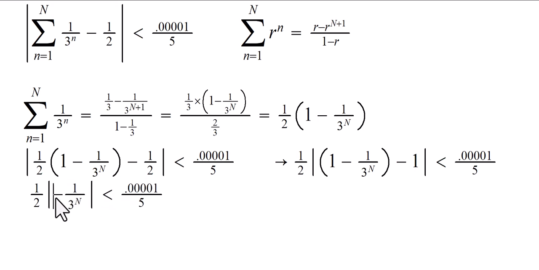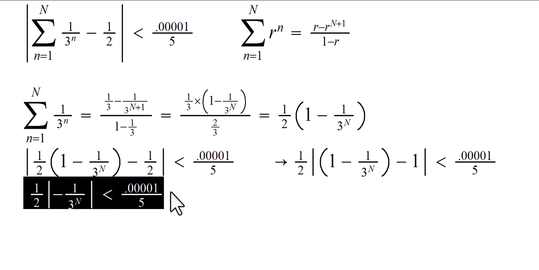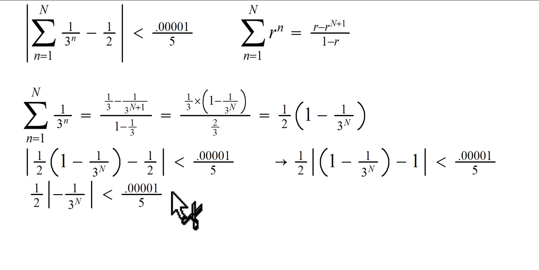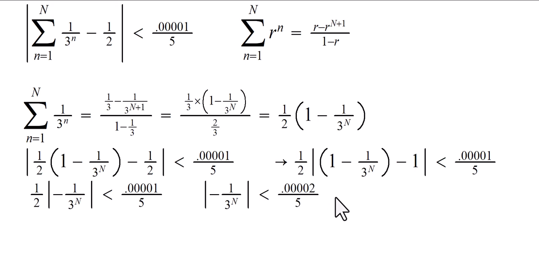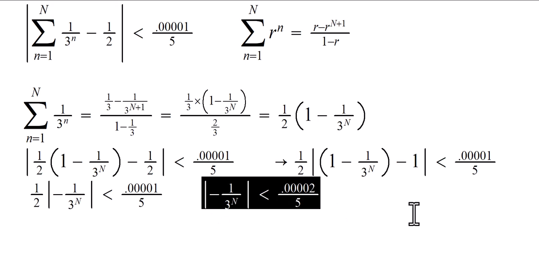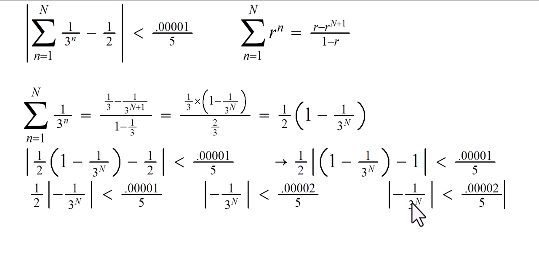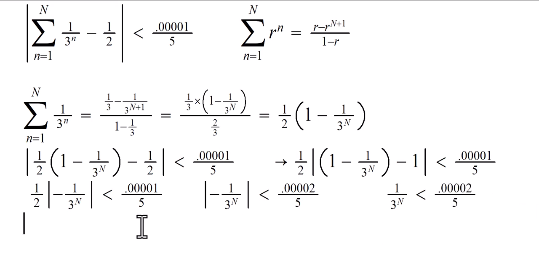Okay, and then we have multiplication by 2, and this will be the same as, if we remove the absolute value signs, 1 over 3 to the power capital N less than 0.0002 over 5.